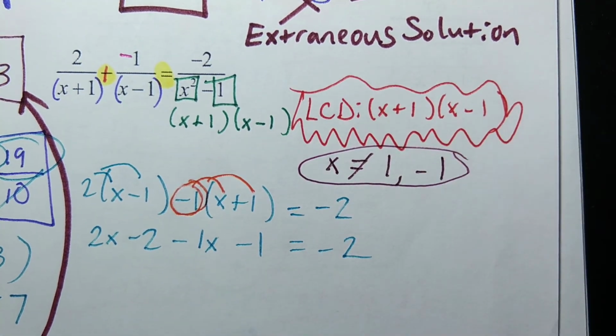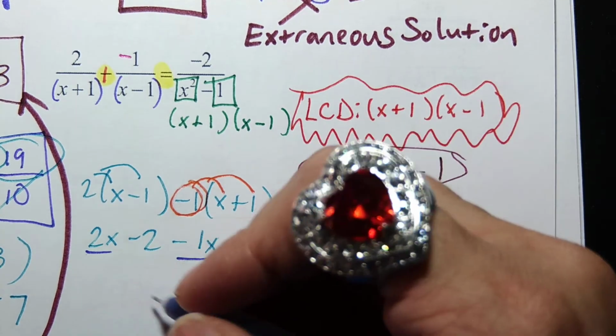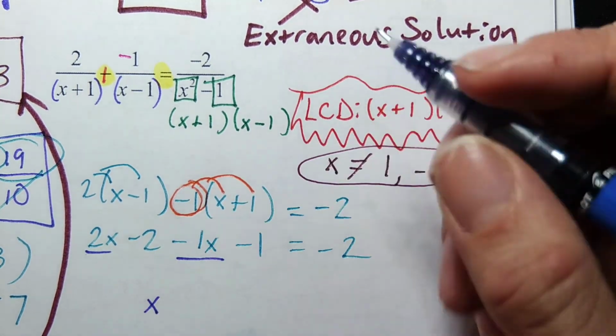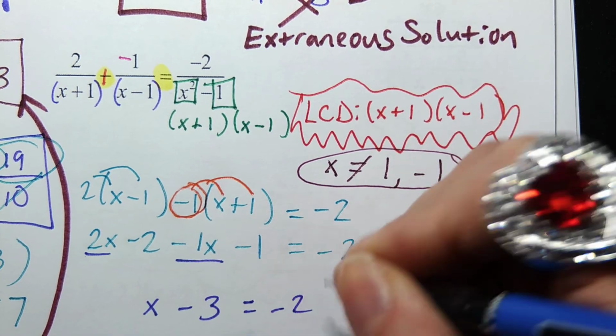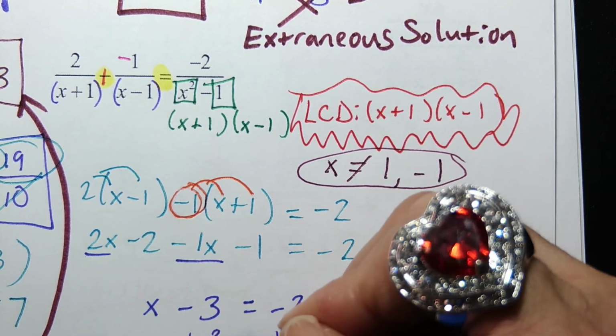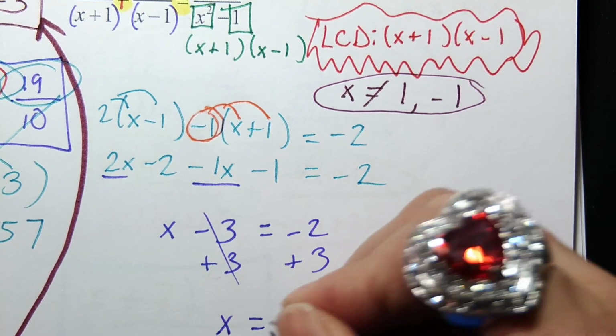Alright, so 2x minus x is just x. Negative 2 minus 1 is negative 3, equals negative 2. We add the 3, and x equals 1.